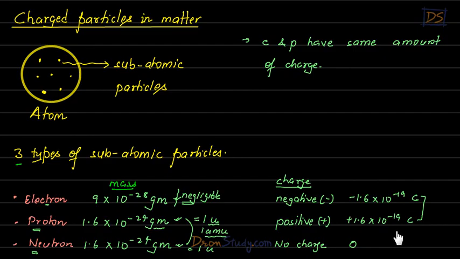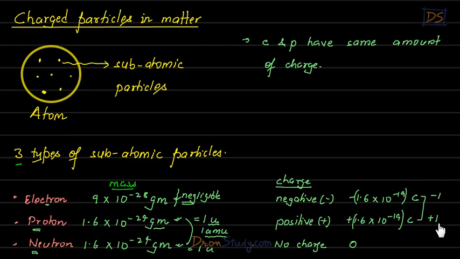Sometimes, for simplicity, we just write that electron has minus 1 charge and proton has plus 1 charge. So this whole quantity 1.6 into 10 to the minus 19 is being represented by 1 here.